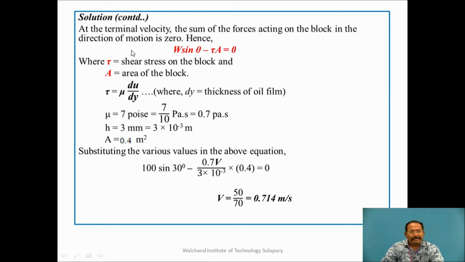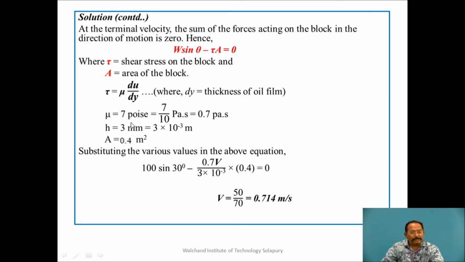Or in words we can say at the terminal velocity the sum of the forces acting on the block in the direction of motion is equal to 0. It is W sine theta is equal to tau A. W sine theta minus tau A is equal to 0, where tau is shear stress and A is the area of the block.